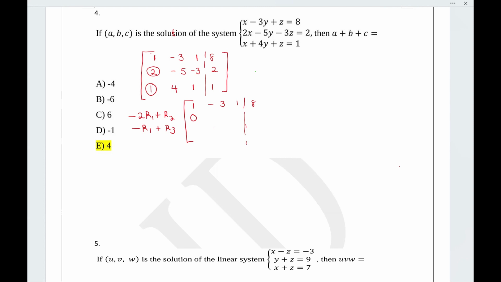Then 6 plus -5, this is going to be 1. Then you have -2 times 1 is -2. -2 minus 3, this is -5. -2 times 8 is -16. -16 plus 2, this is -14.